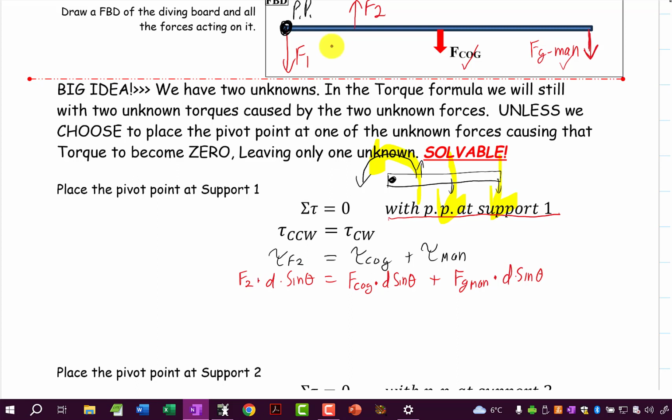Okay. All these angles, if you take a look, are at 90 degrees. Oh, don't do that in your free body diagram. 90 degrees to the beam. So all these are just 1.